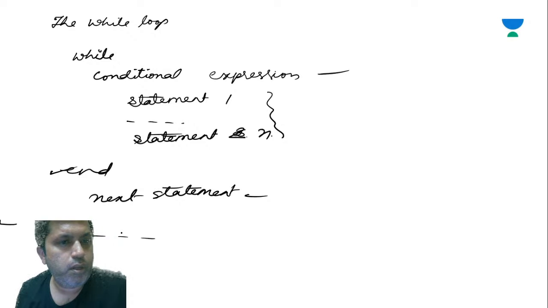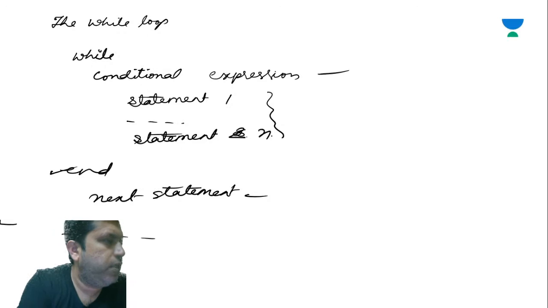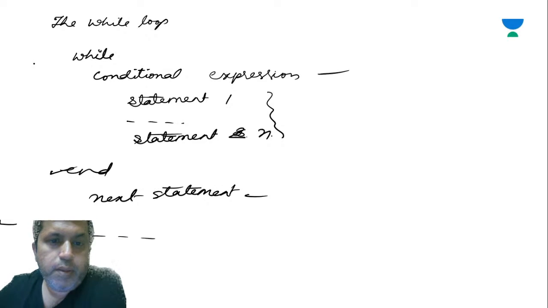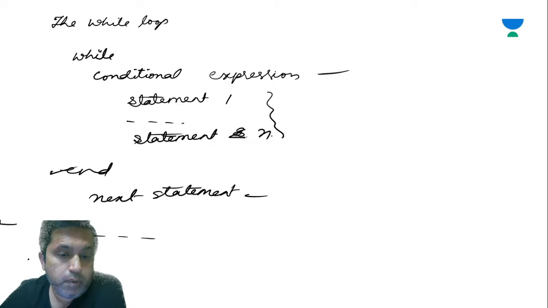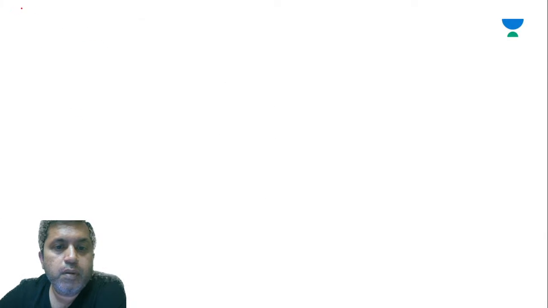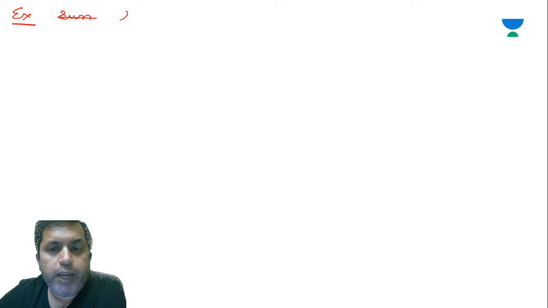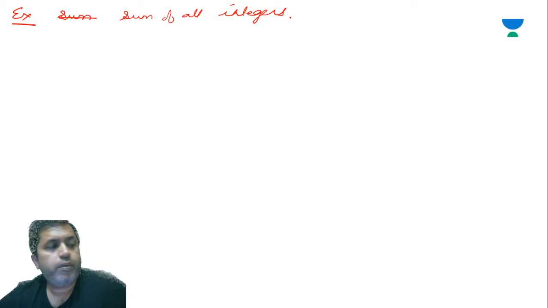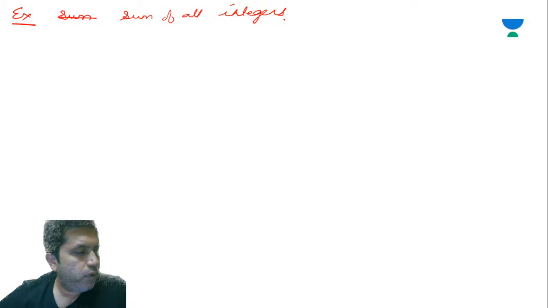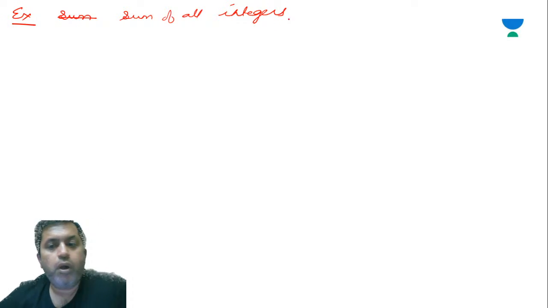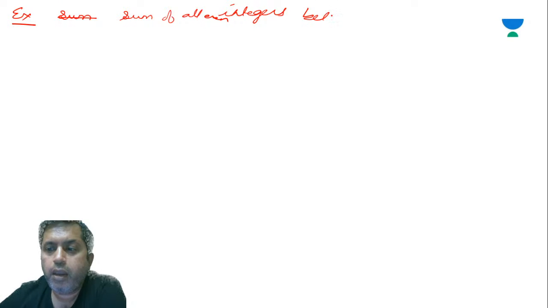This example we already solved, but we'll revisit this. Example: find out sum of all even integers between 0 and 31.